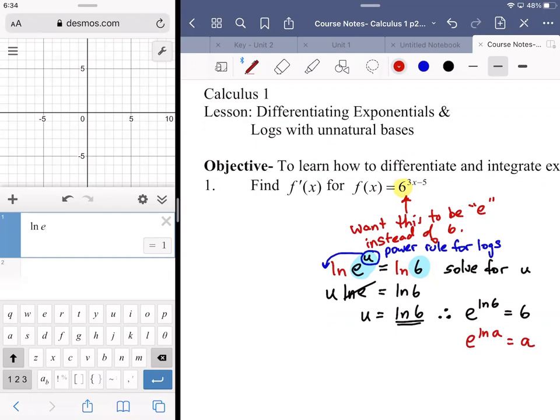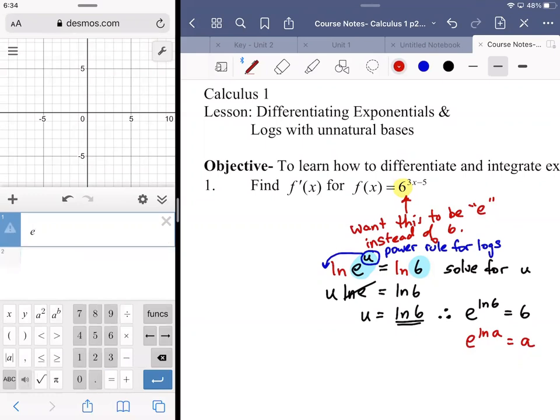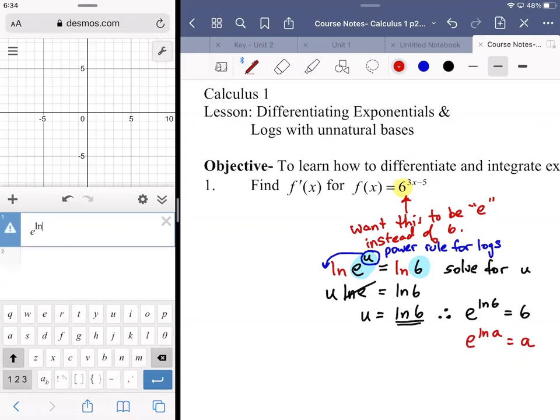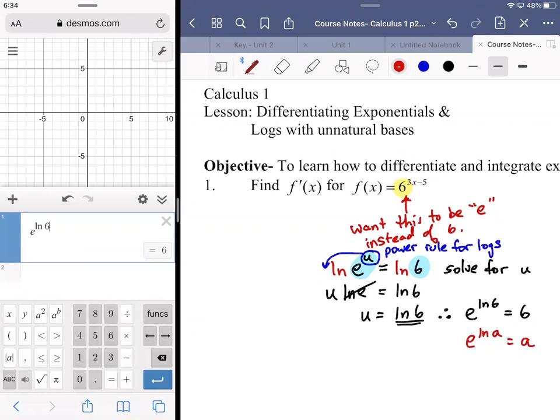So let me just show you real quick. E raised to the ln of 6 gives a result of 6. All right. So if I wanted to write the number 5 with a base e, I would say e to the ln of 5. 20, e to the ln of 20. Right. The only thing that it wouldn't work with would be negative numbers, because you can't take the log of 0 or a negative number.